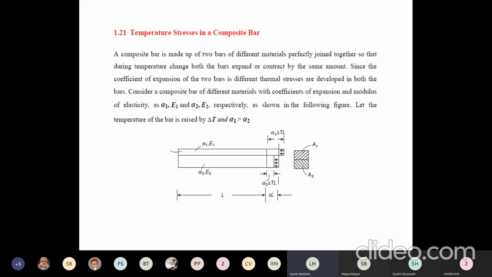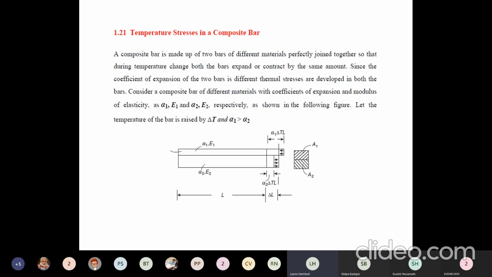The top bar is material 1, the bottom bar is material 2, and you can observe that the length L remains the same for both materials. For the first material, I have taken Young's modulus as E1 and coefficient of thermal expansion as alpha 1. Similarly for material 2, I have taken Young's modulus as E2 and coefficient of thermal expansion as alpha 2.